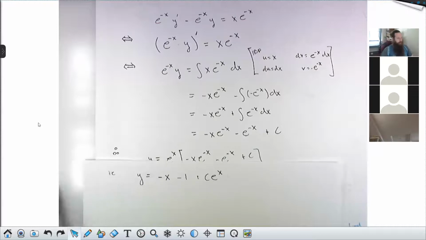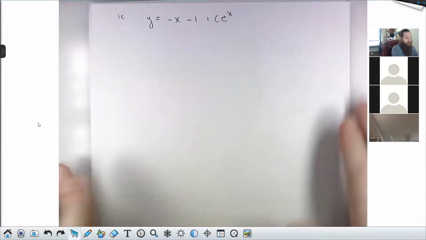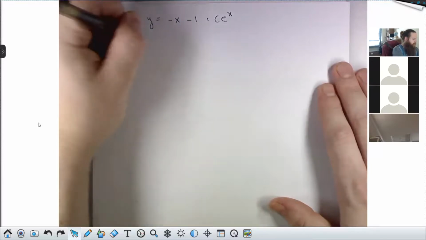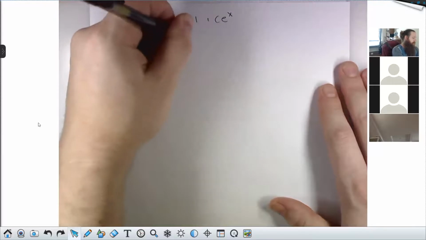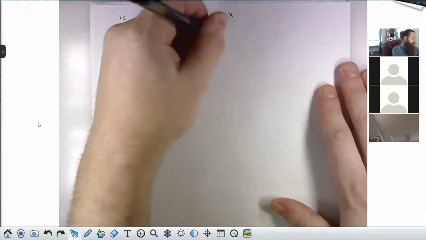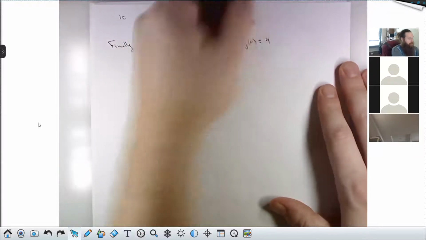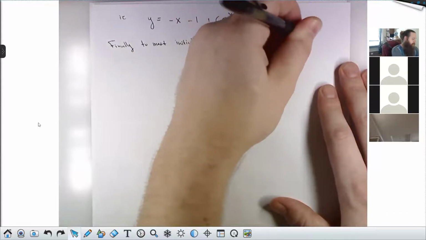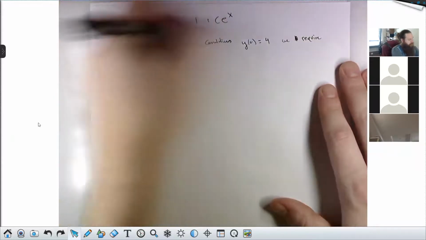So if we want to go ahead and finish this up. Finally, to meet the initial conditions, y evaluated at 0 should be equal to 4. And what we require is 4 is equal to what you get when you plug 0 in over here.